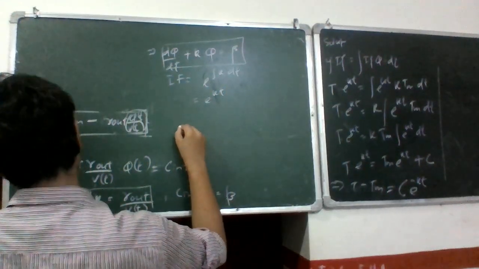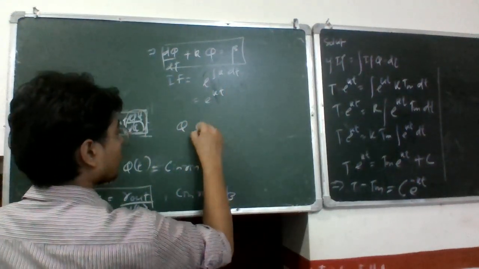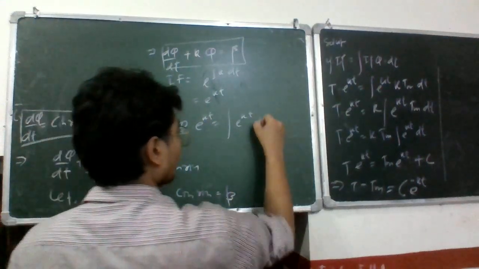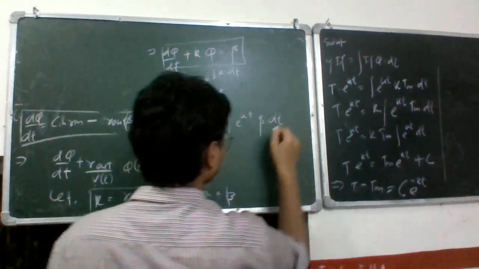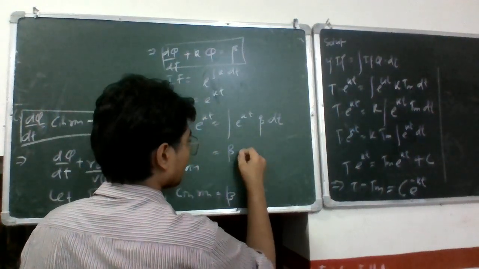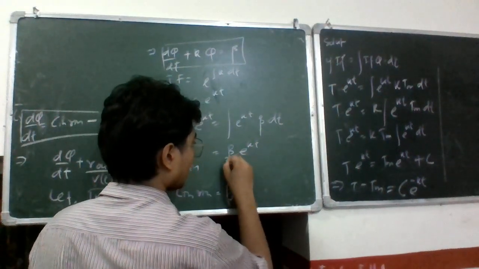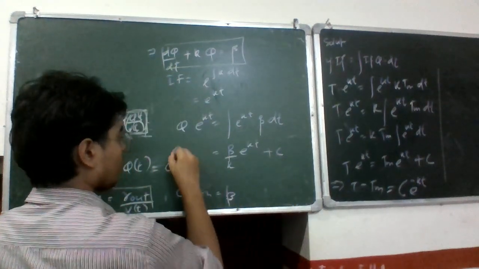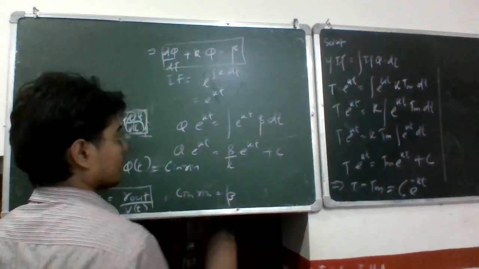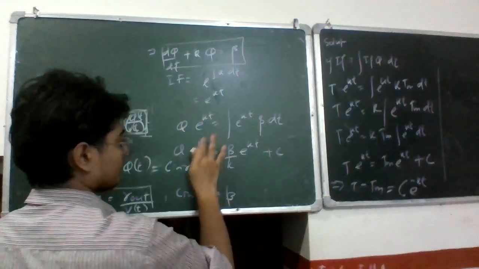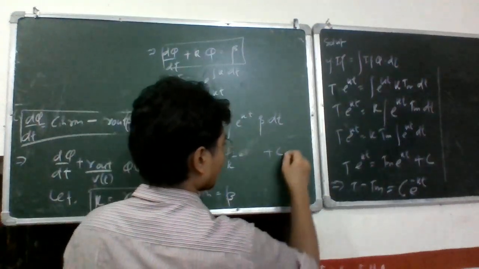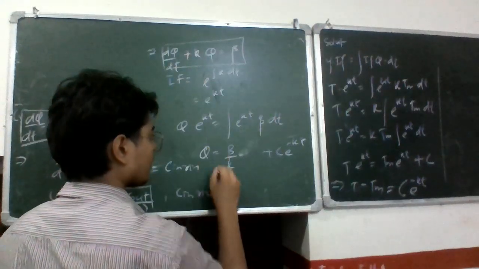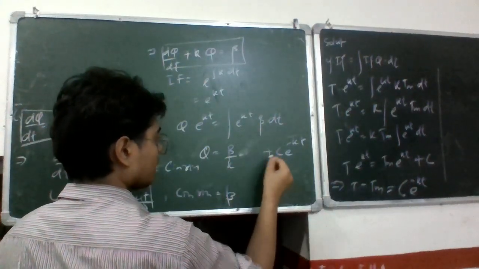So our solution would be this. If I divide it, solution is q equals beta by k plus this.